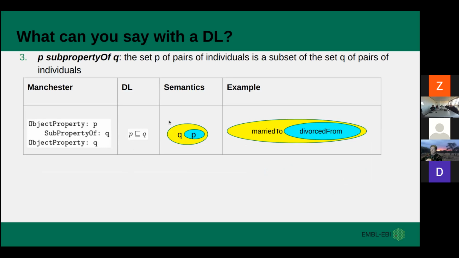Here you have, again, a subset of the larger set Q. But the difference between this and subclass is that these are pairs, whereas with the classes, subclasses, we had single individuals. An example is that you would expect the divorced from set to be a smaller set than the married to set, mainly because you need to be married before you can get divorced.